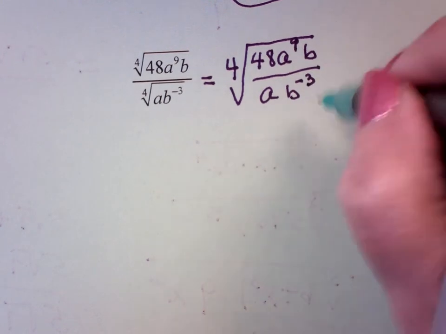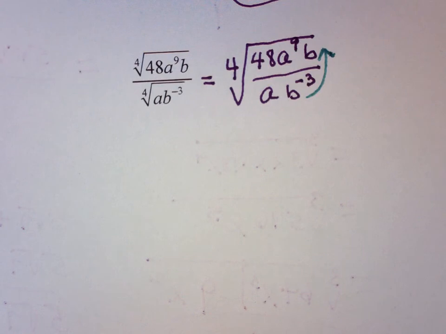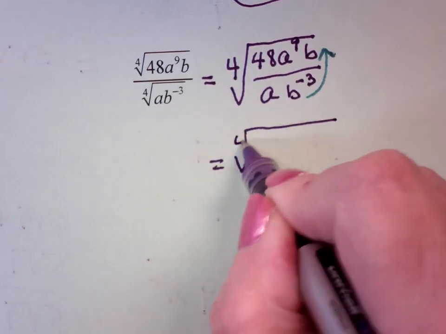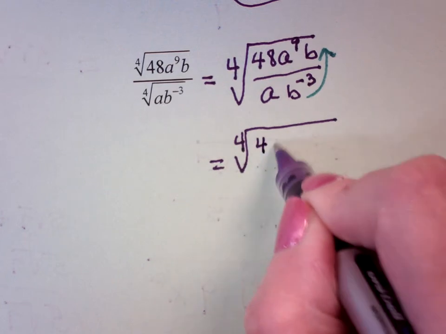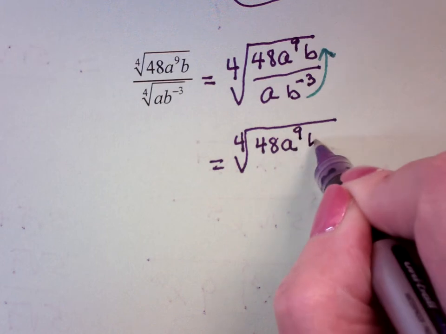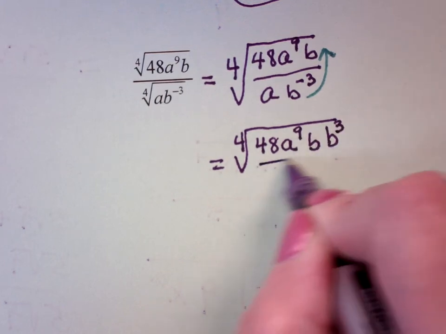And that negative exponent we know we can bring up, so this becomes the fourth root of 48 a to the ninth b times b cubed all over a.